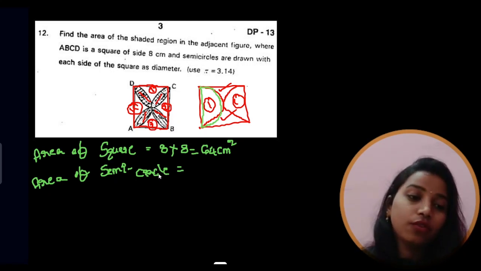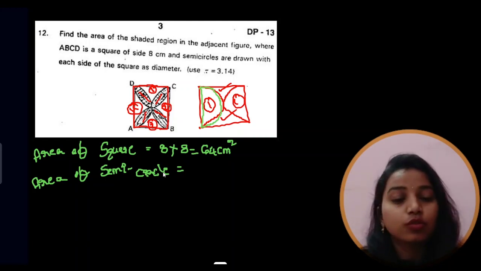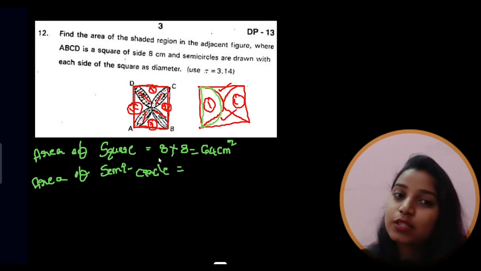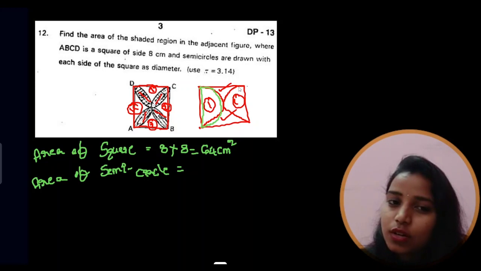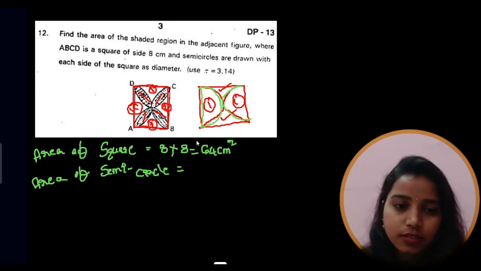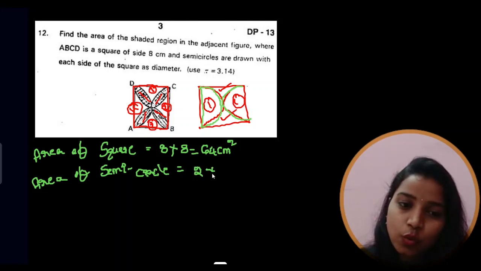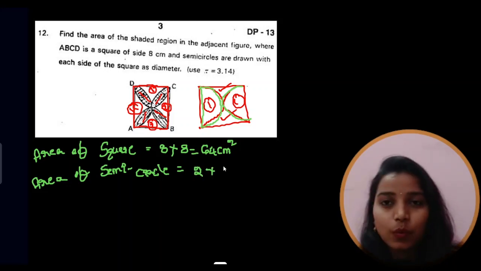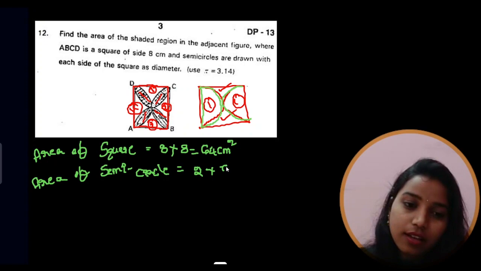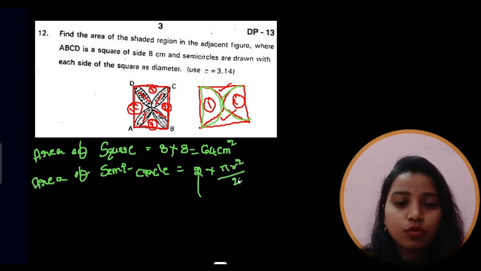Here we are going to find the area, so a full circle's area is pi r square. But notice one thing, we have two semicircles, right? So I'm taking 2 into the area of one semicircle, that is half, 1 by 2, right? So this 2 and 2 get cancelled.